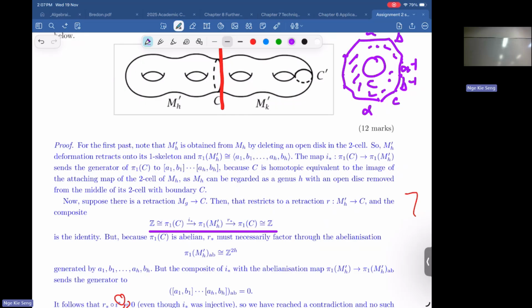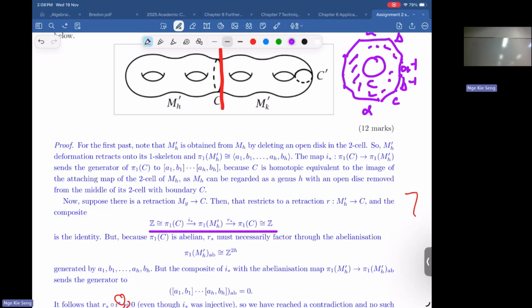So the point here is, if you look at this picture, what is this C here? This C actually is contractible, but C prime is not contractible. You see this C. Is it contractible or not?